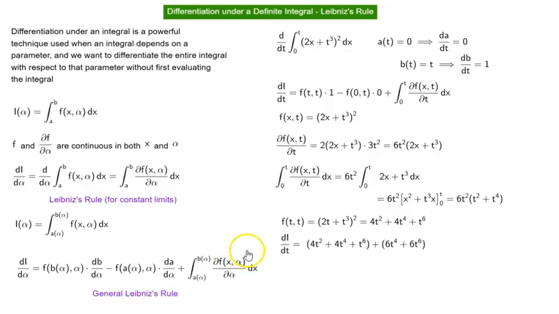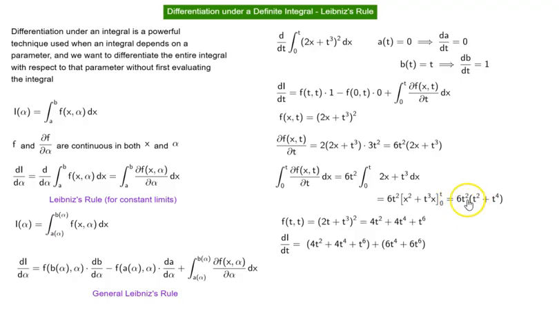And now substitute everything into this dI by dt. So dI by dt is equal to, what is the first term? f of t comma t. So that is 4t square plus 4t^4 plus t^6 plus the integral, that is 6t^4 plus 6t^6.